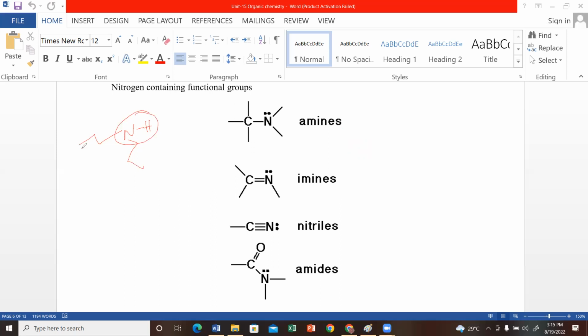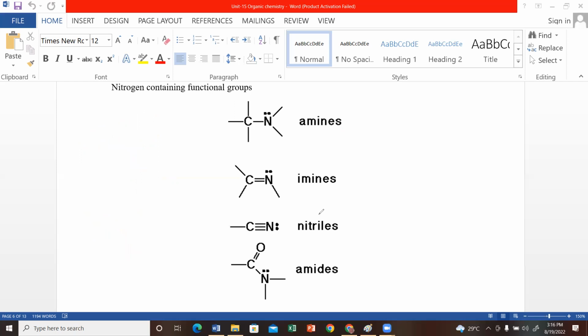Nitrogen is connected to 1, 2, and 3 carbon this side, that means R. 1, 2, and 3 carbon this side, that means again R. And on this side it is H. So if I write the general formula, it would be R, R and H. That means it is secondary amine. I hope that amino group is clear to you. Now we are moving towards the next group.